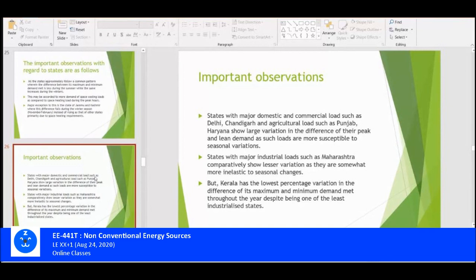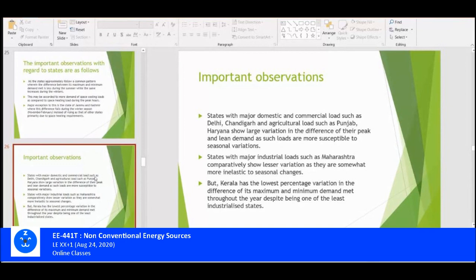As in the last discussion also, the demand in the industry is going to be on a constant pattern. It is not going to change with seasonal activities, because seasons have almost no reasonable impact on industrial activity.